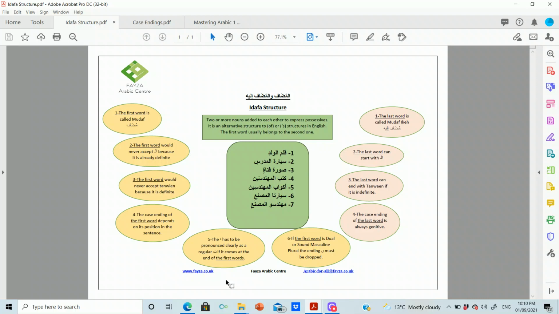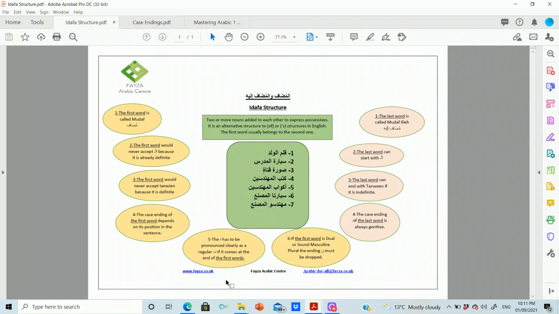Now, in that case, if the first word is a dual ending with a noon or a sound masculine plural ending again with a noon, then the noon has to be dropped. So in number 6, سيارتا المصنع. سيارتا is originally سيارتان, and it could be سيارتين. In both cases, the noon has to be dropped. So it's going to be سيارتا المصنع or سيارتي المصنع.